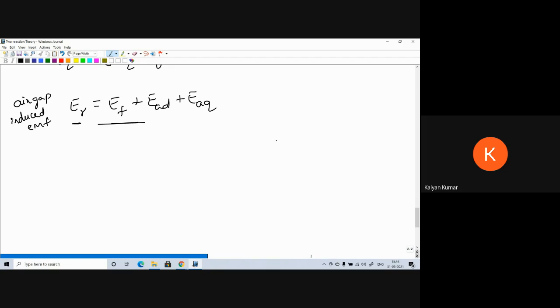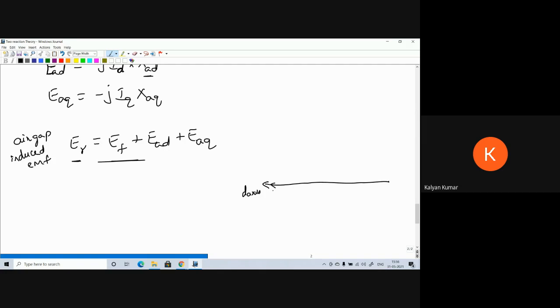So if we draw the phasor diagram, this is the d-axis. Along this d-axis, we are going to have flux. Now, perpendicular to this, we are going to have Ef.